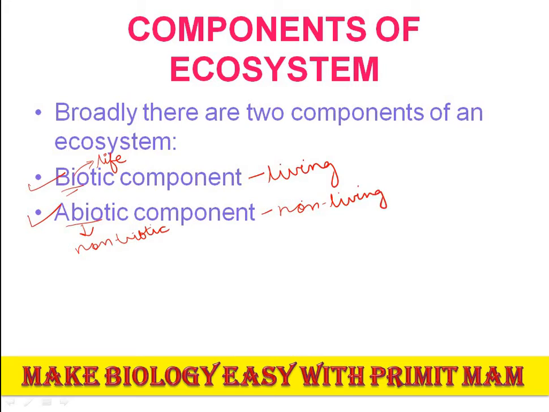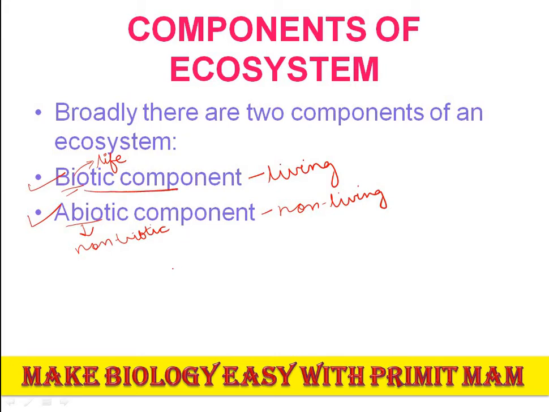In an ecosystem, a huge variety of living organisms are found, from tiny insects to huge animals like elephants or rhinoceros. So, biotic components means all the living organisms, that are animals, plants, microorganisms, etc. So, everything which has life falls under the category of biotic component.